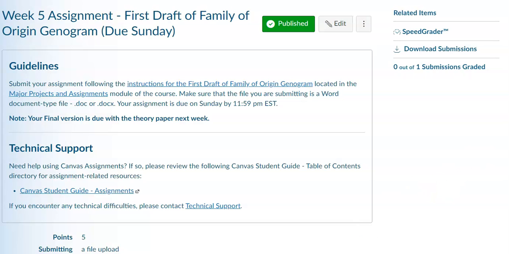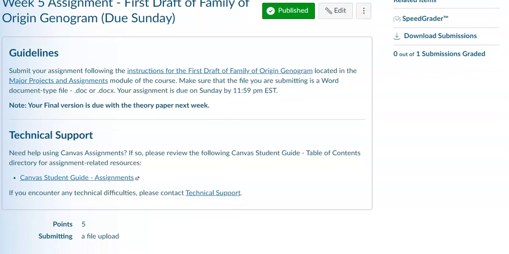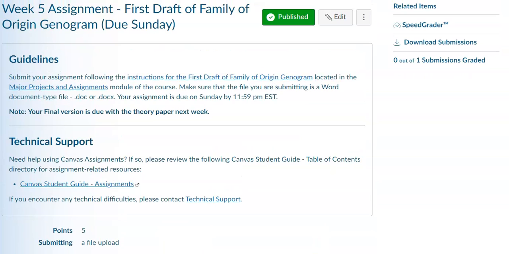The instructions, I believe, say do it in Word. I will accept if you take a picture of it and send it as an attachment. Be as complete as possible. If you don't know who your family of origin is, you might be adopted into a family, then do that family in terms of as much information as you can.